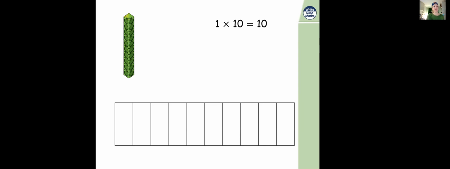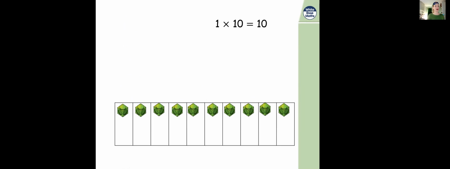If we shared that stick of 10 equally into these parts over here, can you see? We've got some groups. Let's count how many are in these groups. There's 1 there, 2, 3, 4, 5, 6, 7, 8, 9, 10. If we shared our stick of 10 cubes equally between 10 groups, watch how it looks.